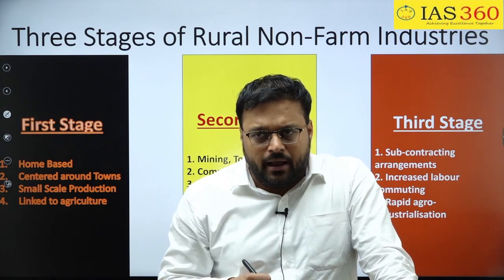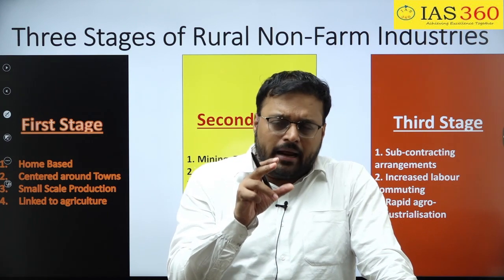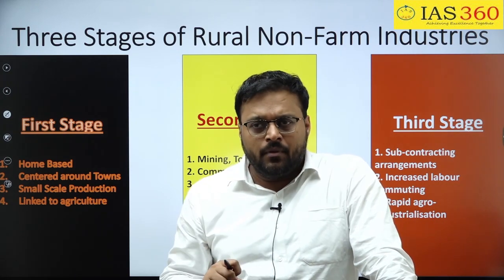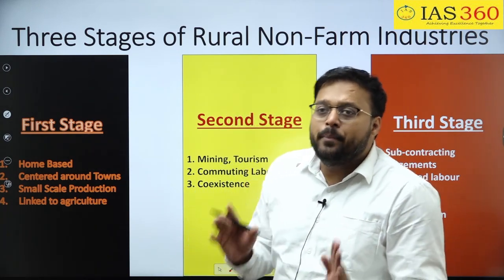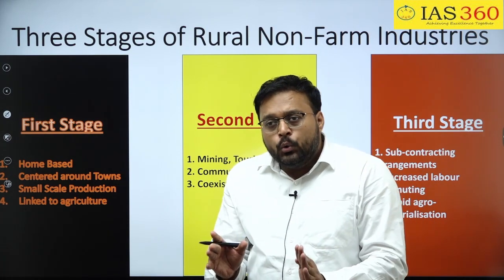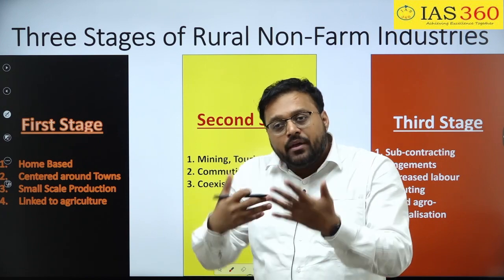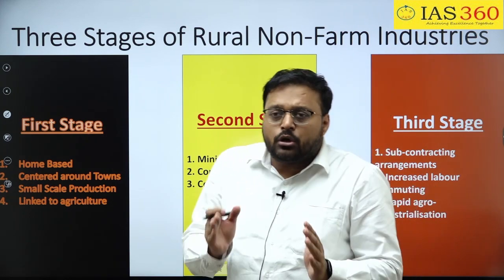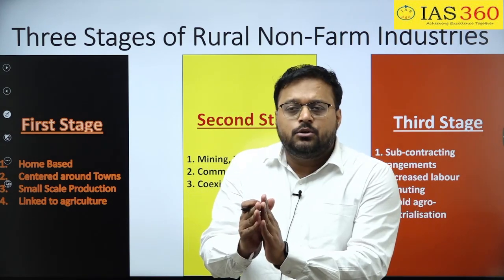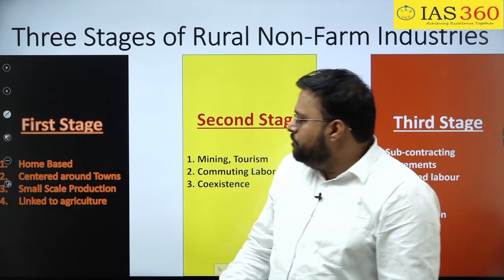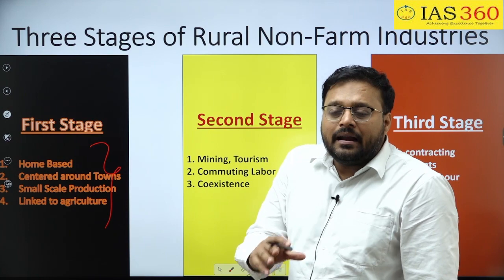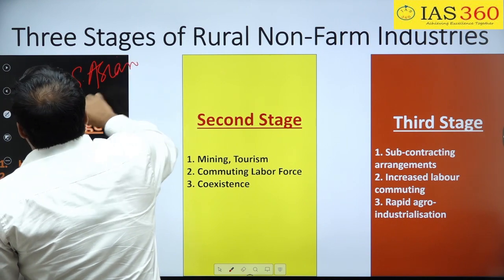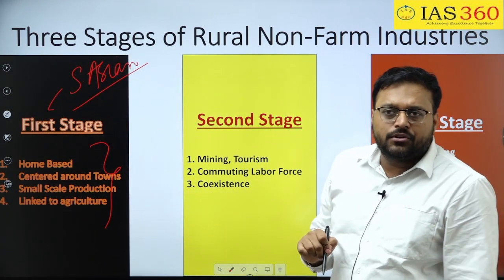In the first stage, most products will be home based, and there are no rural and urban linkages. Therefore the industries are developed or clustered around the towns, and most of the activities in rural industries are linked directly to agriculture. These are the characteristics of the first stage, and most South Asian countries fall under it.